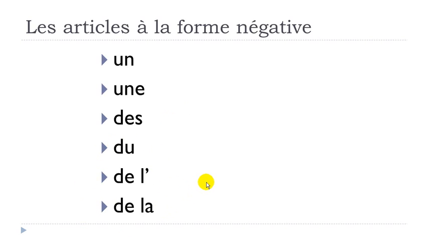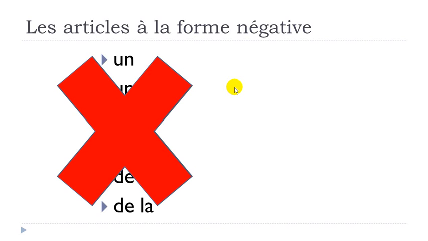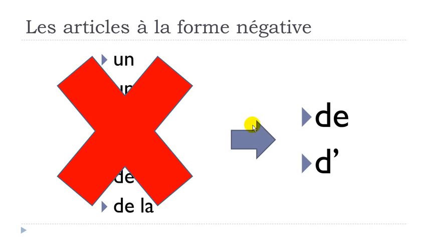If you want to put them in a sentence, and the sentence is at the negative form, then you will not use them, but instead you will use de, or d' apostrophe if you've got a word with a vowel after, or the sound of a vowel.